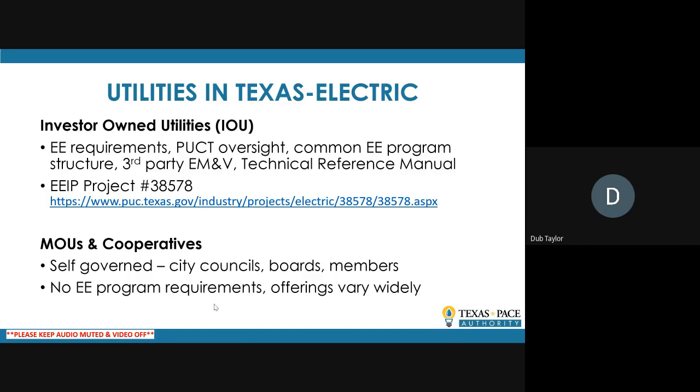The landscape with MOUs and cooperatives is very different. In Texas, they are self-governed.